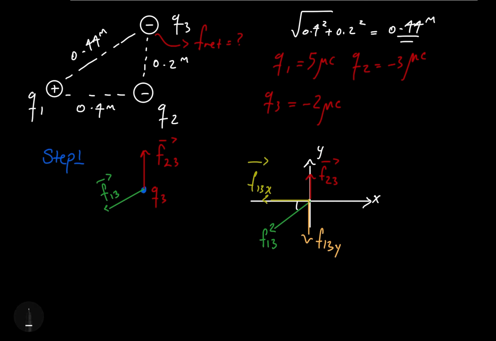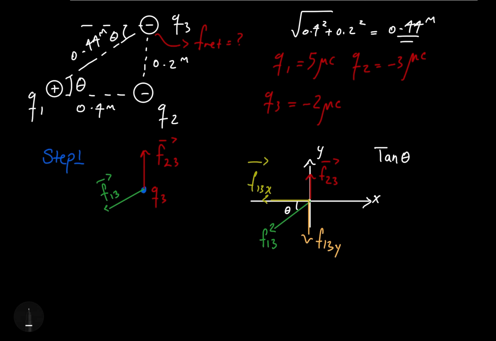Now notice that the angle created here is known as theta. So we can find that theta by calculating the angle inside of the triangle itself. Theta is going to be here, and the angle of the force is an alternate angle to that. So both of them have the same angle. So you can find theta simply by using the tangent.